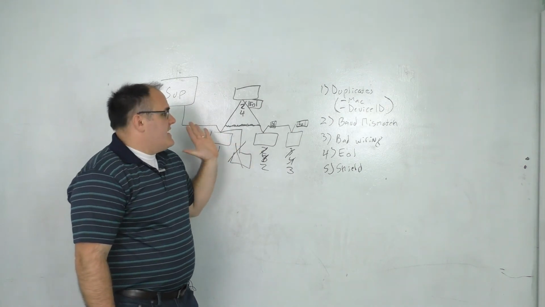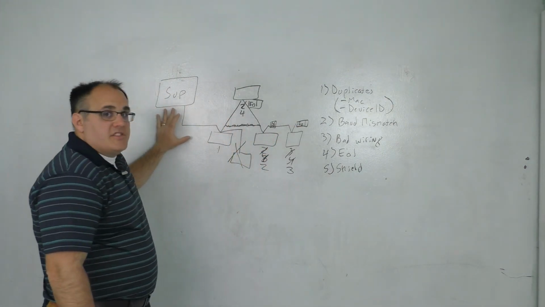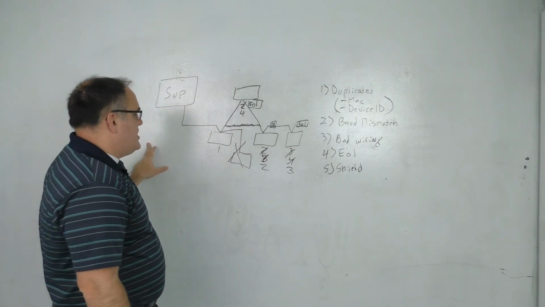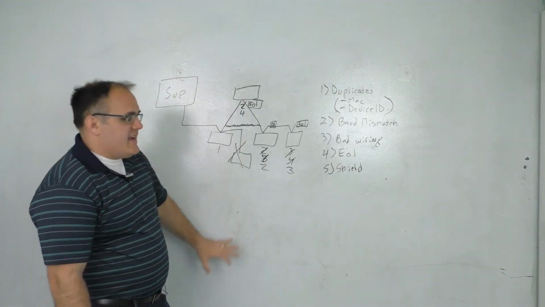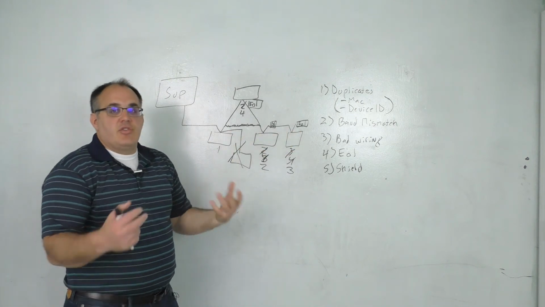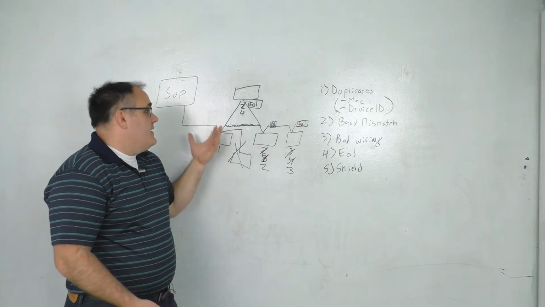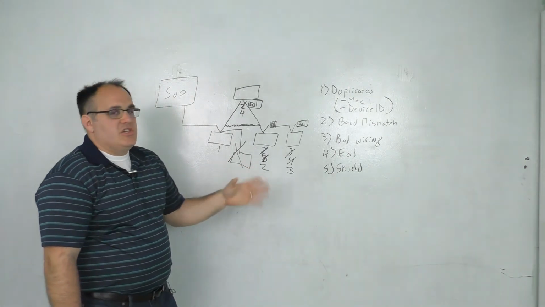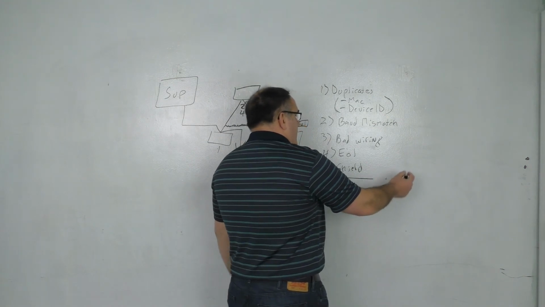Well, the idea is on one side of the run, usually at the supervisory device, where you've got a panel, you ground the shield on one side, and that takes all that EMF and drains it out of the wire. Now, if you ground the shield on both sides, that creates an antenna, which actually does the opposite and causes a lot of interference, and that is not good. So we want to make sure we ground our shield on one side. Although this is not as common as these.